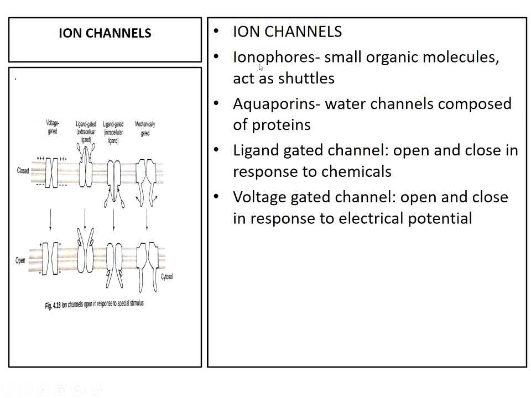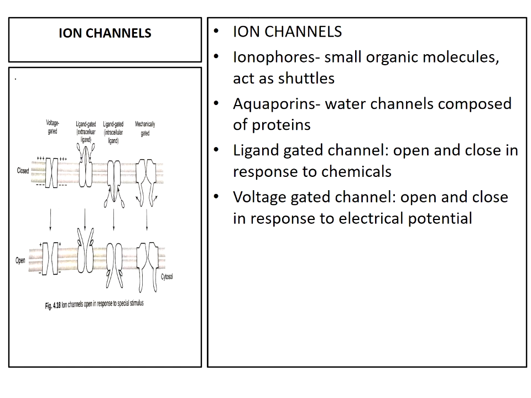We may also observe certain molecules called ionophores. These ionophores are synthesized by some microbes, and these are small organic molecules that function as shuttles for the movement of ions across the membranes.